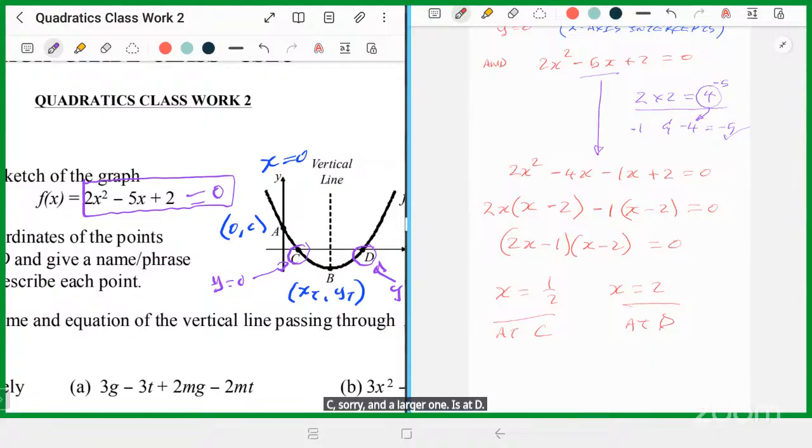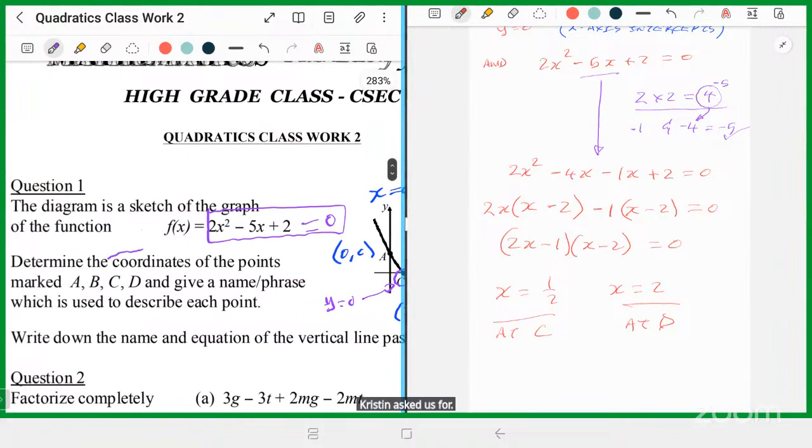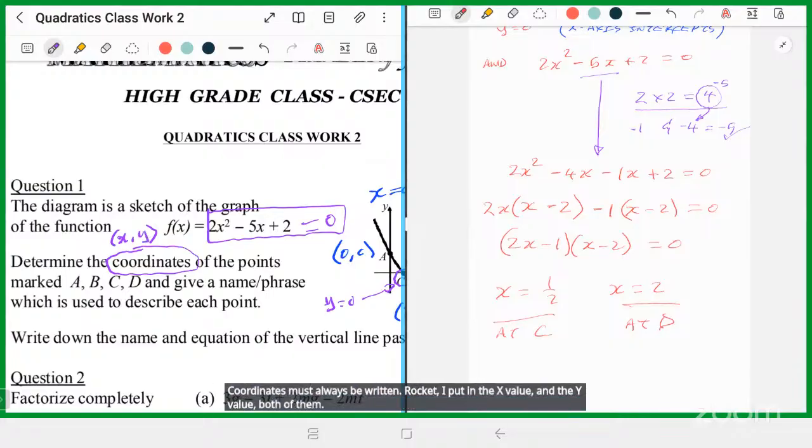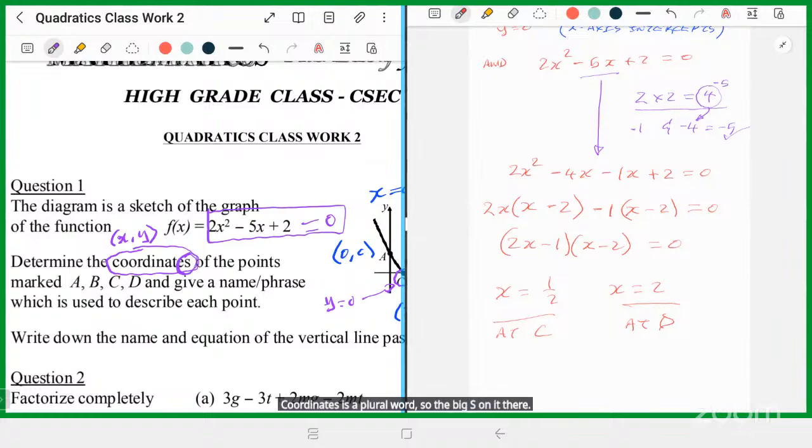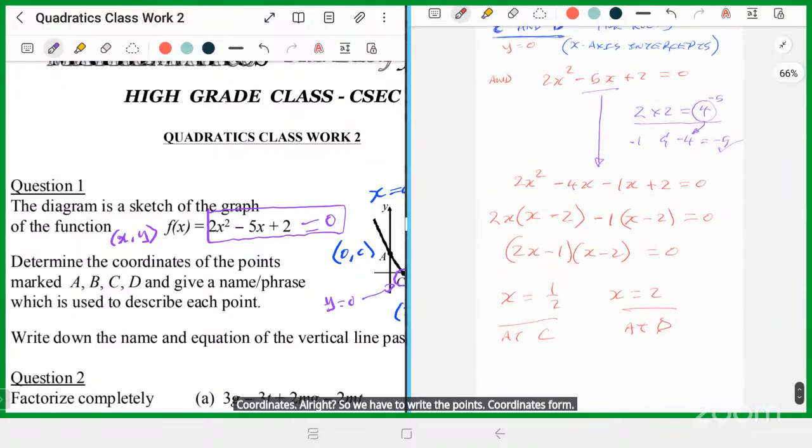But the question asks us for coordinates. This word, coordinates. Coordinates must always be written in brackets, where I put in the x value and the y value, both of them. Coordinates is a plural word, so the big S on it there. So we have to write the points in coordinate form, which is C has an x value of half and a y value.